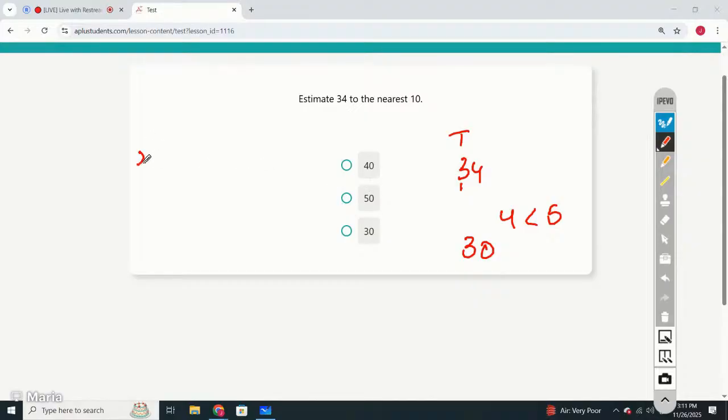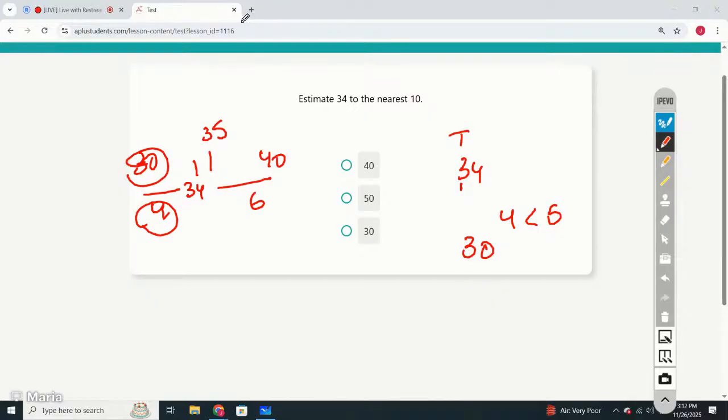How can you understand it like this? 34 is between two tens, 30 and 40, right? The midway of 30 and 40 is 35. 34 is just 4 points away from 30 and 6 points away from 40. So you need to round to where you have the smaller distance. So it would be rounded to 30 because it is near to 30.